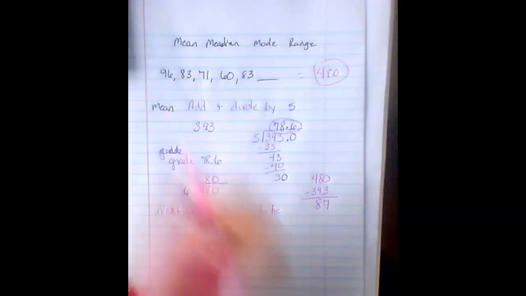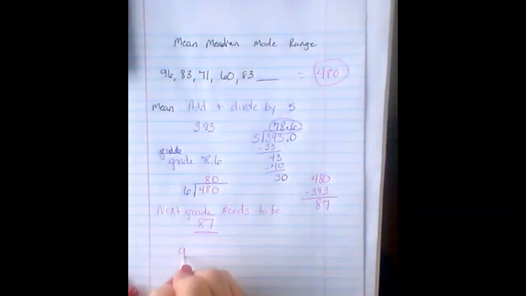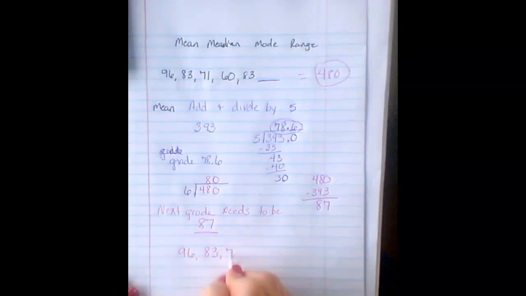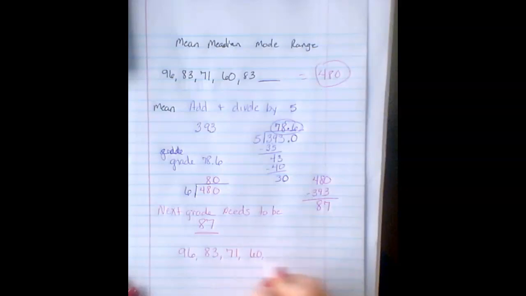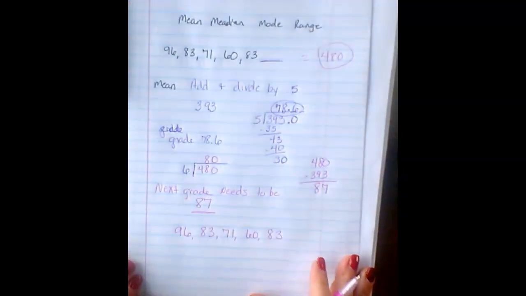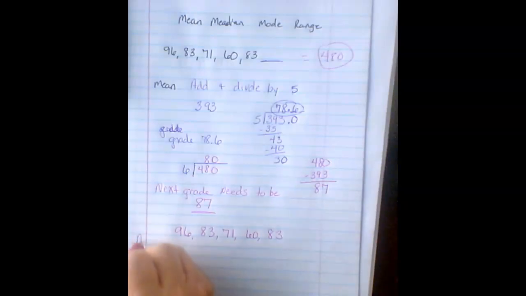Okay, so let's now, with these same numbers, 96, 83, 71, 60, and 83, I want to find the median. To find the median, you put them in order from least to greatest.